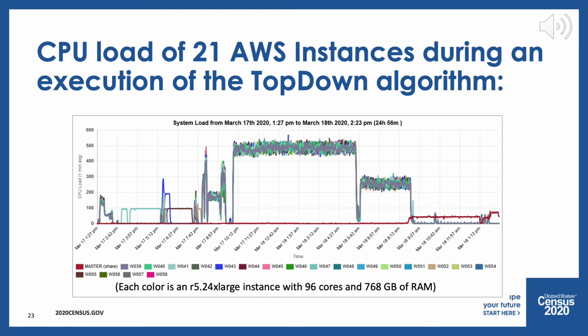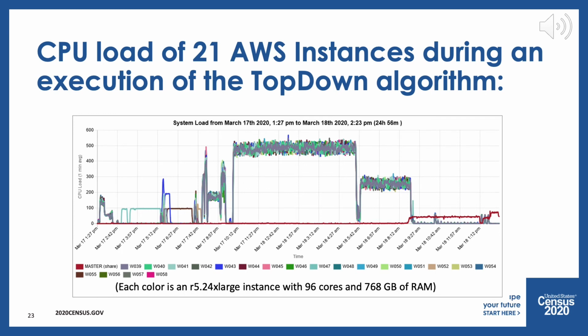And so you can see that for that section in the middle and the section on the right, we're well utilizing our cluster, but on the leftmost side and the rightmost side, the cluster is not being well utilized. And graphs like this allow us to tune the algorithm to get better machine utilization and lower clock times for the algorithm's execution.